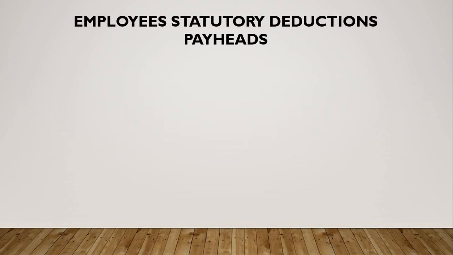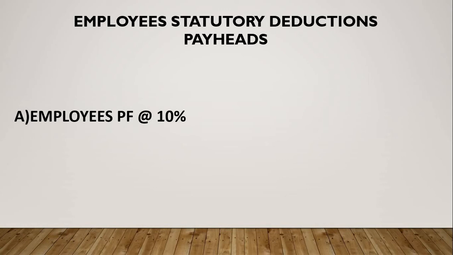So next, employees statutory deduction pay heads. What pay heads appear here? Let us see. Employees PF at 10%. My dear friends, in April 2020 it was 12%. In May 2020, it was reduced to 10%.